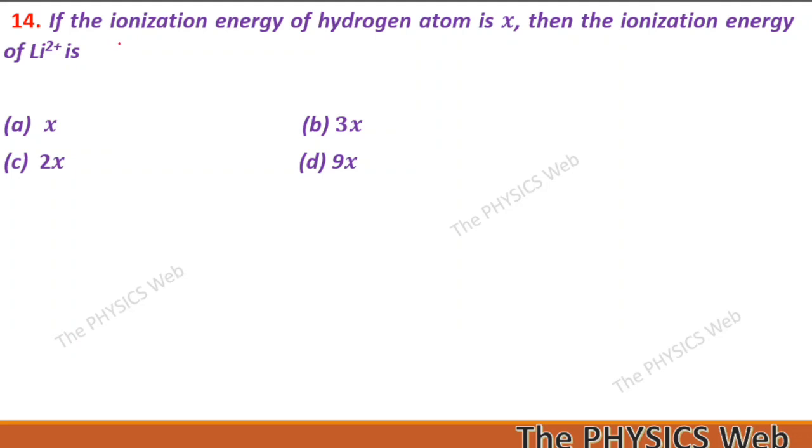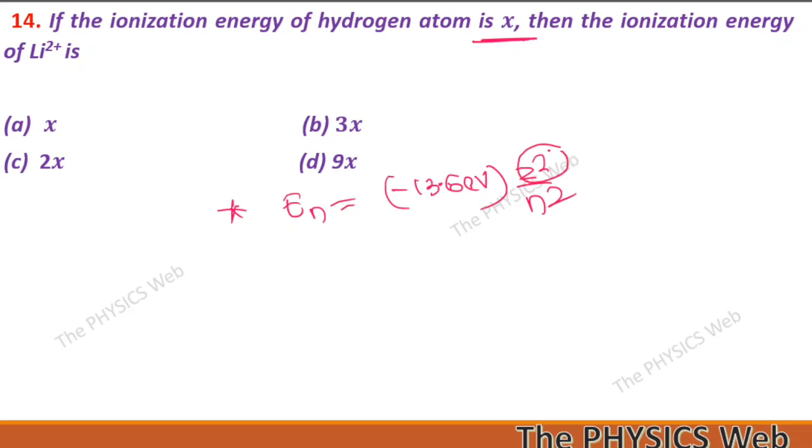Next, 14. If the ionization energy of a hydrogen atom is X, then the ionization energy of Li 2 plus is. If you see the expression of energy, it is given by minus 13.6 electron volt times Z square by n square. So there is a term multiplied with the energy, Z square, where Z is the atomic number.